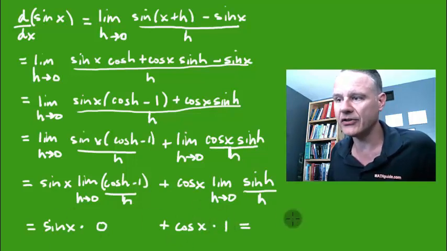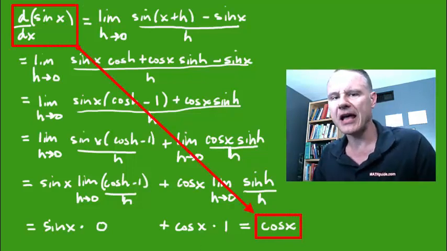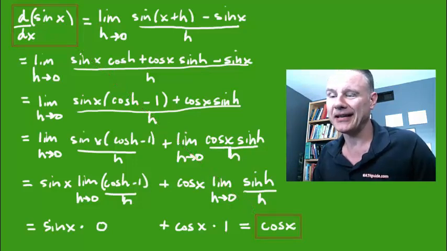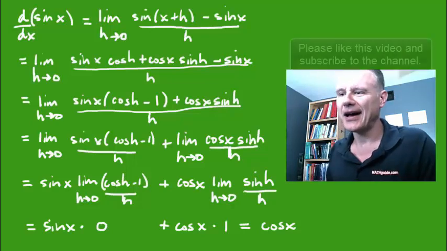Cosine plus 0 is just cosine. So there you go. If you take the derivative of the sine function, it's equal to the cosine function. And it's also easy to see, when you put the two graphs together at an intuitive level, that they should look like they are related.